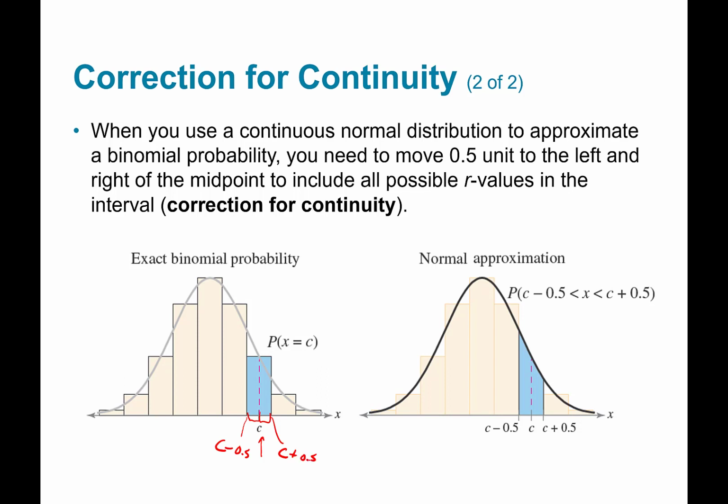That's the idea for correcting this to become approximately a normal distribution: instead of having just that one value, we take it out to the edges of the bar on the histogram. All we're really doing is finding the class boundaries the same way that we did back in chapter 2.